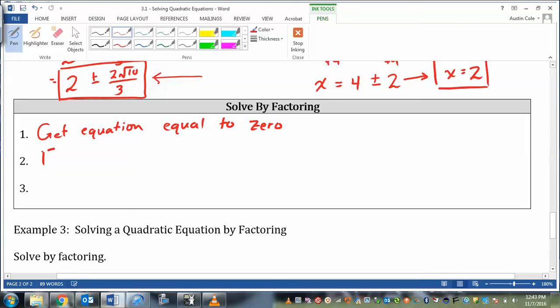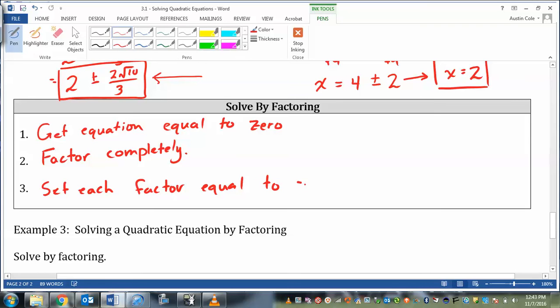And the next step is to factor completely. And the last thing is to set each factor equal to 0 and solve.